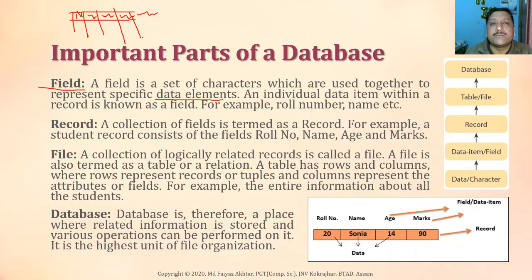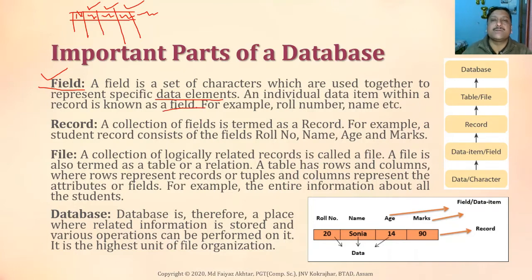This type of information we want to store in a table. Then each column in a table can be called a field. An individual data item within a record is known as a field.